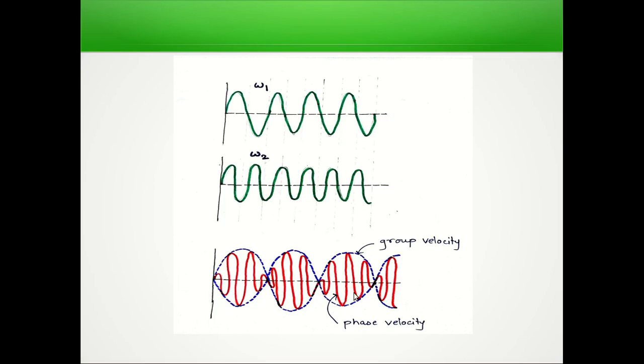So this wave is propagating with the so-called phase velocity, whereas the combined envelope of these two waves is propagating with a velocity well known as the group velocity.